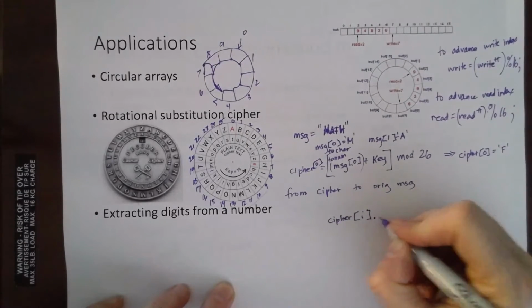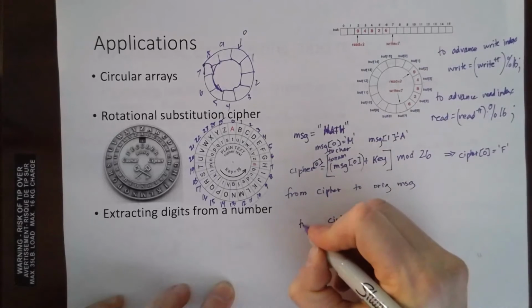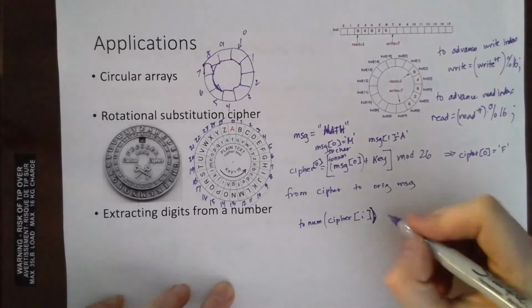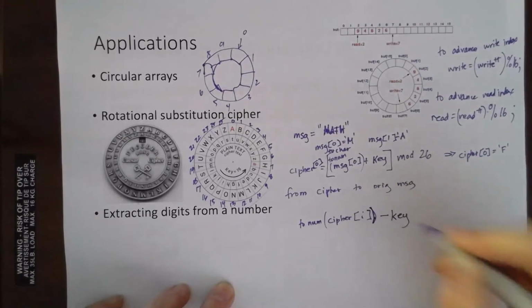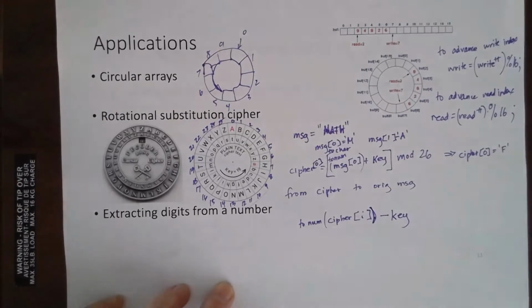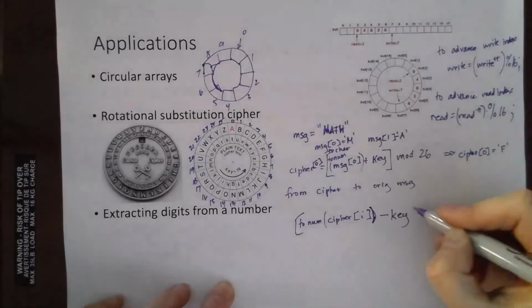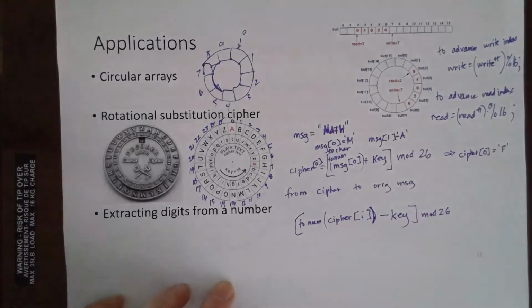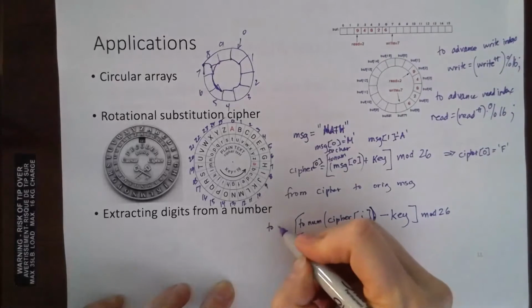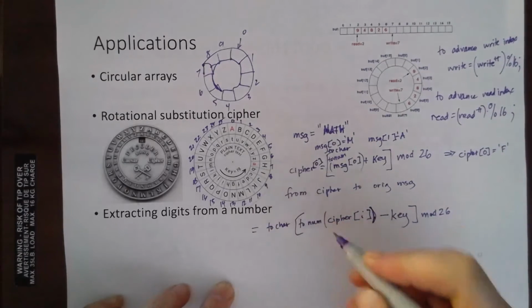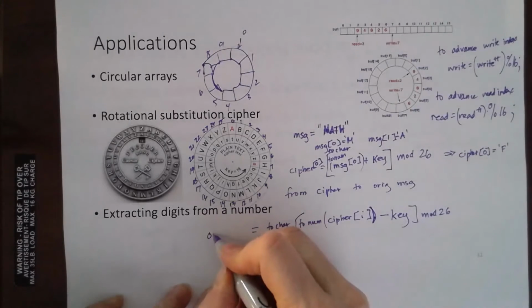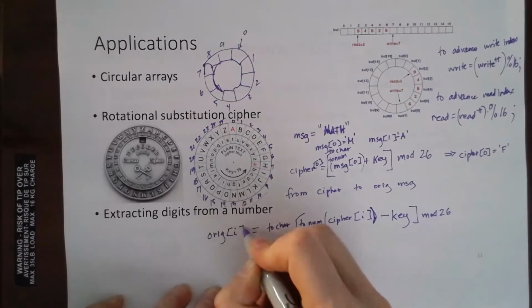I'm just going to pretend that's a method, so I'll just do 2num of this. Then I would subtract the key to make it go backwards, do this mod 26, and take that whole thing and turn it into a character. That would give me back my original message in the ith character.